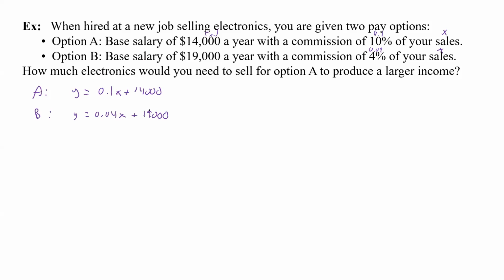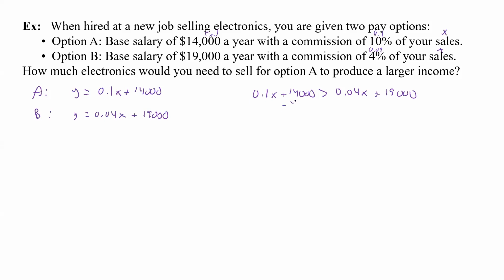All right. Now what we need to do is how much electronics would you need to sell for A to produce a larger income? And so basically what we're going to do is we're going to say, well, let's solve 0.1x plus 14,000 greater than 0.04x plus 19,000. And now we have to solve for x to determine where that is going to be larger.